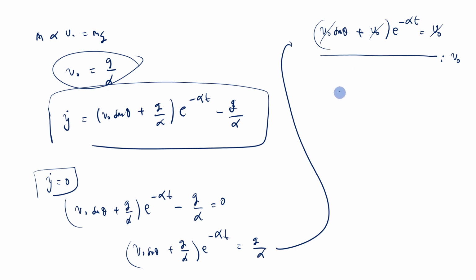So we get sin theta plus 1 times e to the minus alpha t equals 1. So we get e to the alpha t equals sin theta plus 1.